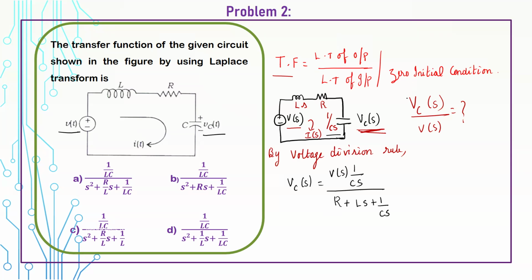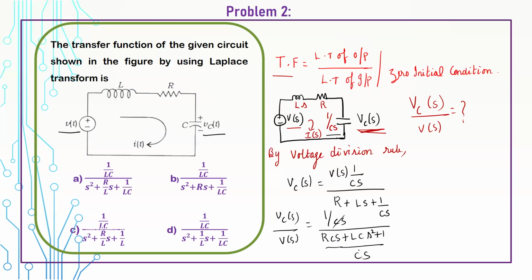So we need to find the ratio of Laplace transform of output to the Laplace transform of input. So from this we can rearrange Vc of S by V of S equal to, by simplifying, 1 by Cs in the numerator, and here RCs plus LCs square plus 1, the whole divided by Cs.